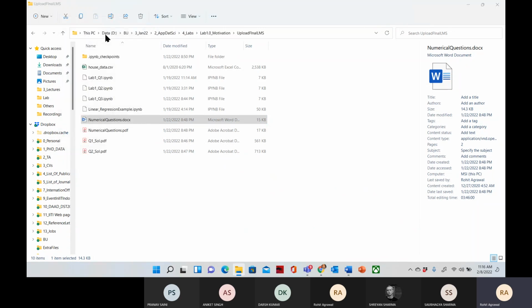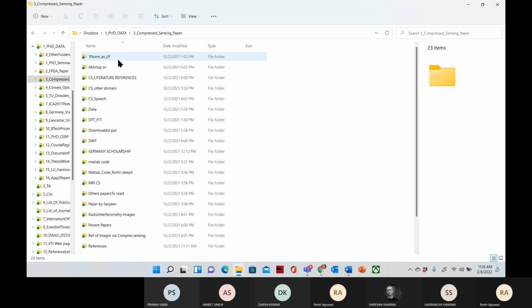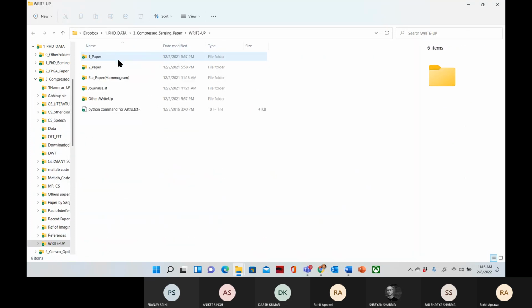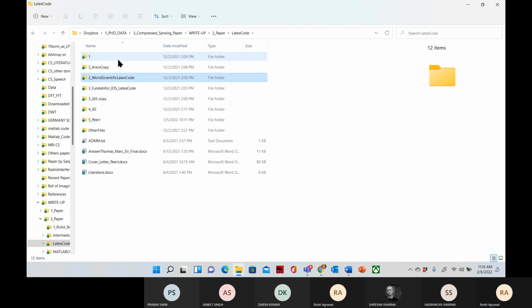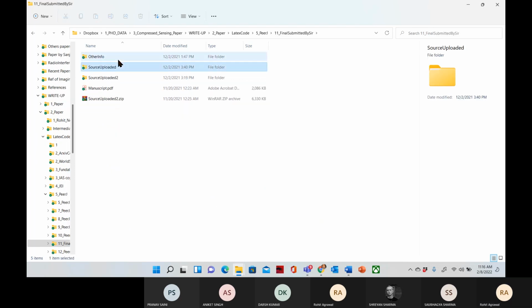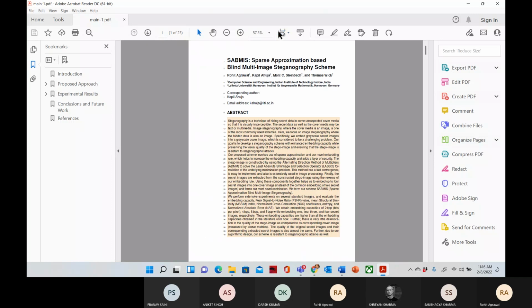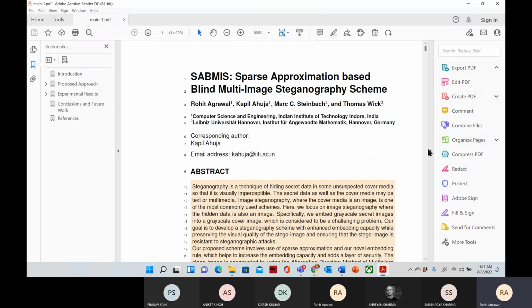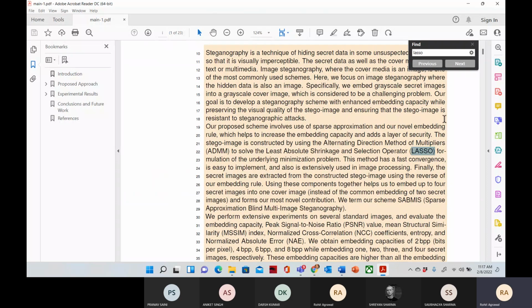I'm trying to show you. Look, this also mathematical formulation I will show you.